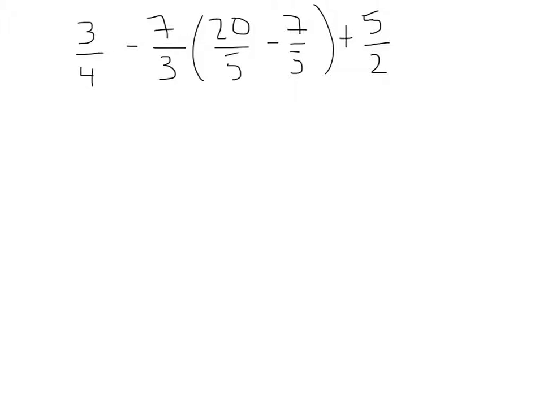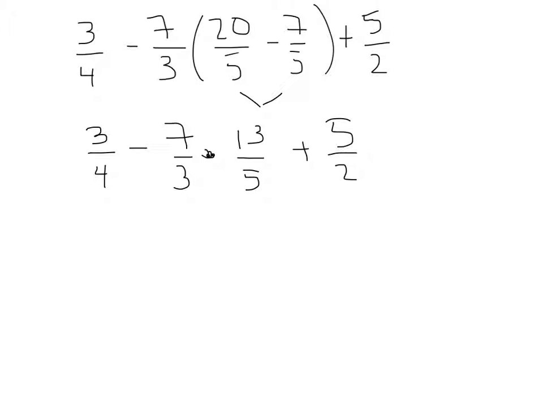On this slide, I've copied down the last line of the previous page. So now our step is 20/5 minus 7/5 gives us 13/5. And so we write the next line, 3/4 minus 7/3, and I'm going to write a times sign now because of the implied multiplication between the 7/3 and the parentheses, plus 5/2.